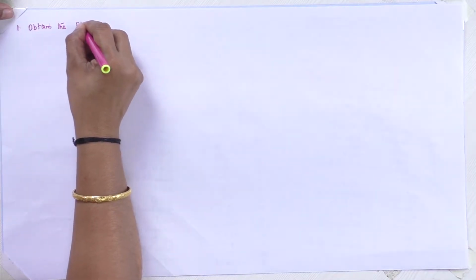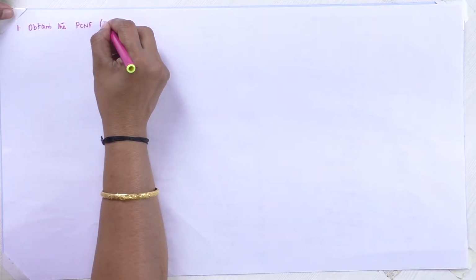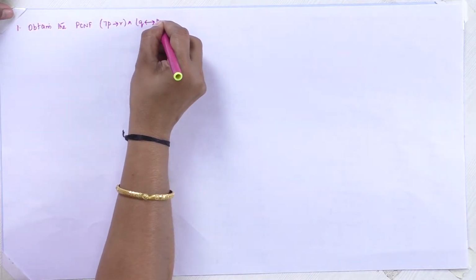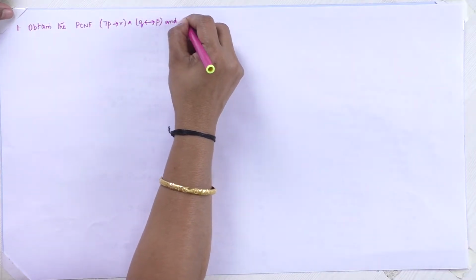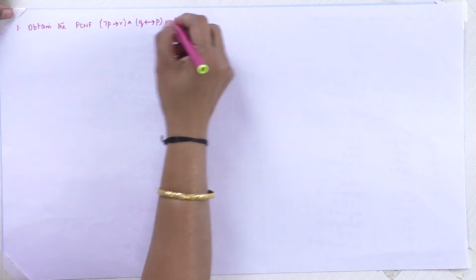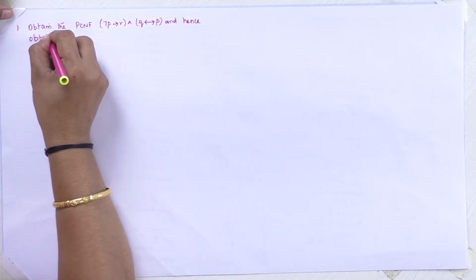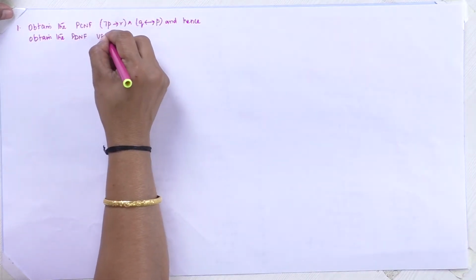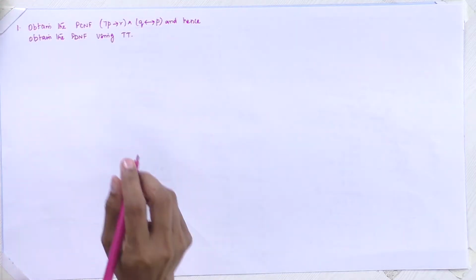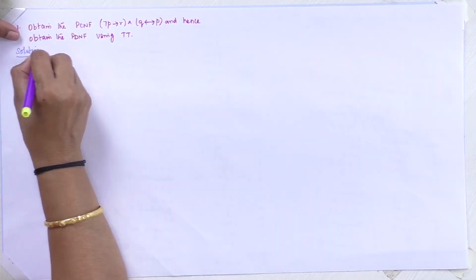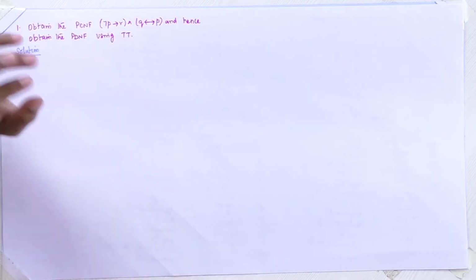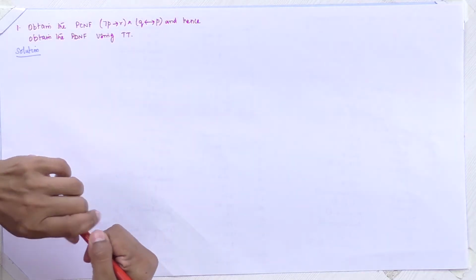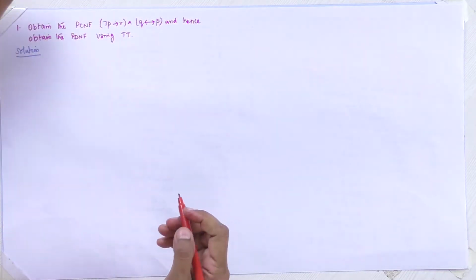Obtain the PCNF of not P conditional R and Q biconditional P, and hence obtain the PDNF using truth table. So we will construct the truth table for the given proposition, and then obtain the PCNF and PDNF.